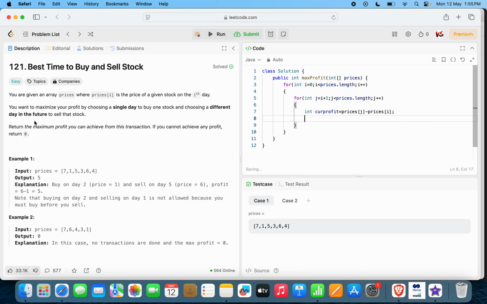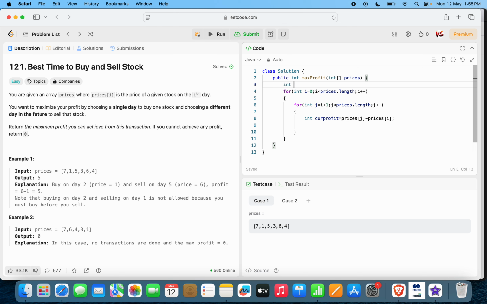What we need to return is the maximum profit that we can achieve from this array. So I will take a variable, which I'll call maxProfit. Initially maxProfit is 0.